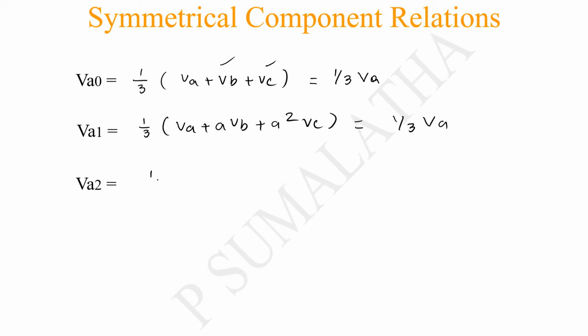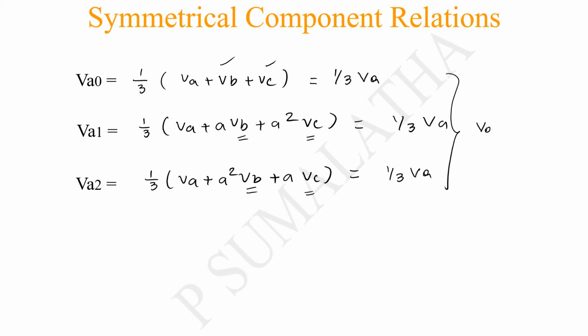VA2 is equal to 1 by 3 VA plus A square into VB plus A into VC. Again, VB and VC are both equal to 0, so finally you will get only VA by 3. Therefore, from these three equations we have the condition that VA naught is equal to VA1, that is equal to VA2. This is one condition that we need to represent the interconnection of the sequence networks.